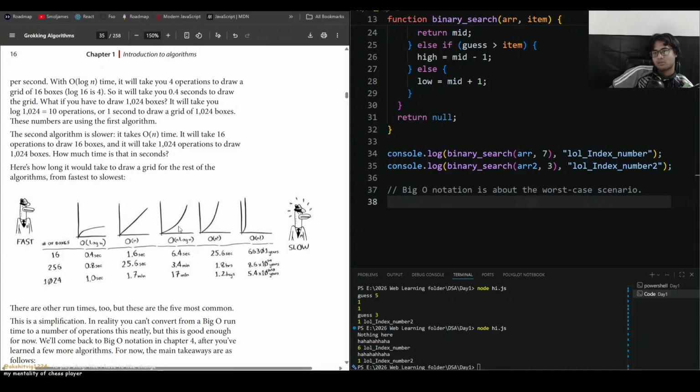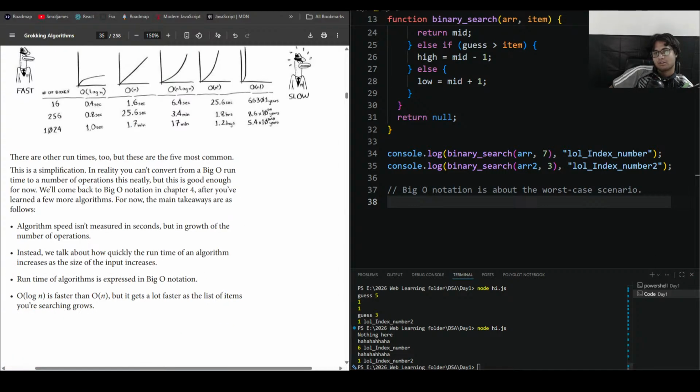That's like O(log n). I think this is the time.